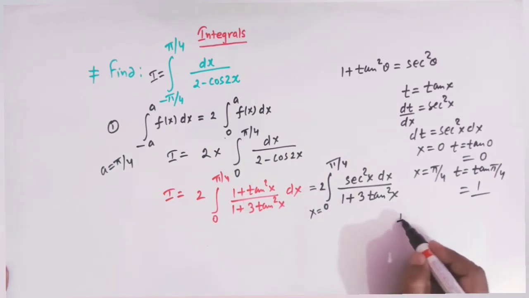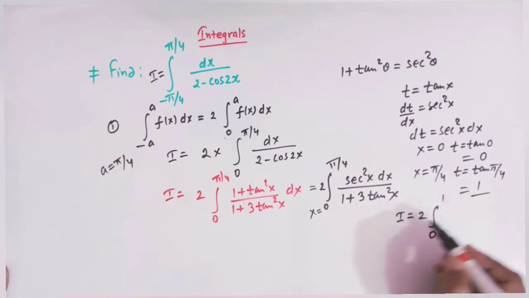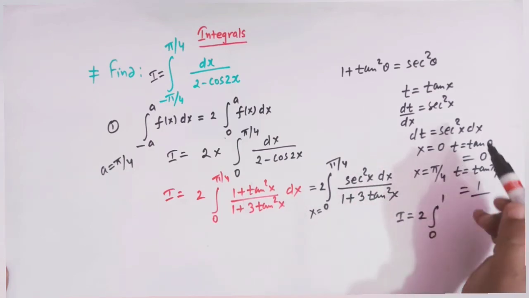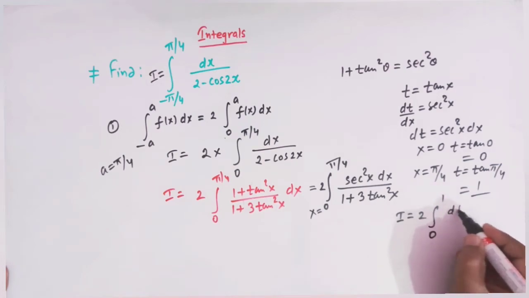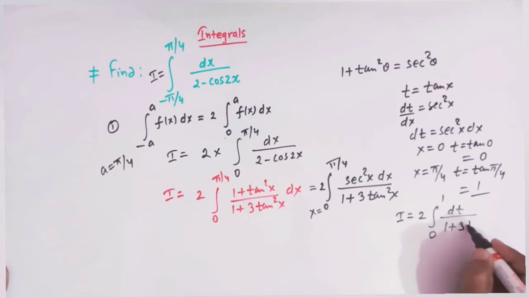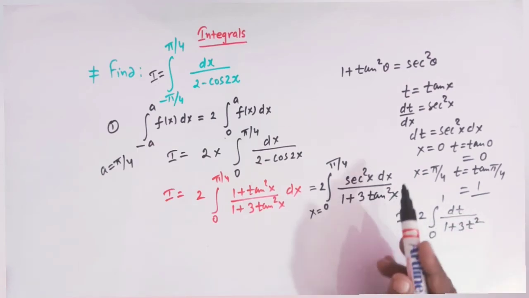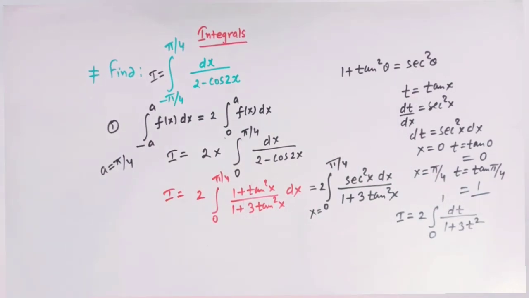So now this integral I takes the form 2 times integral from 0 to 1 of secant square x dx, which is dt, and here we have 1 plus 3 t square, right? Because tan square x is equal to t square, right?